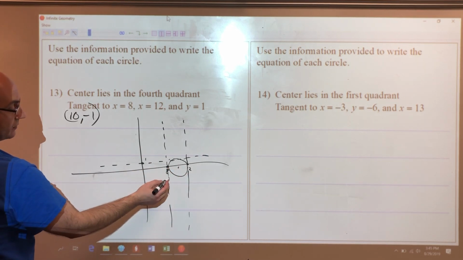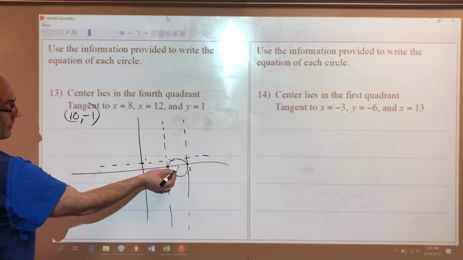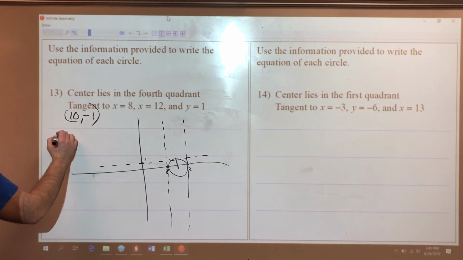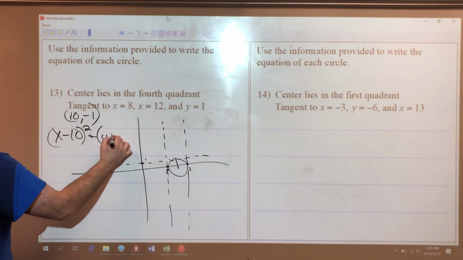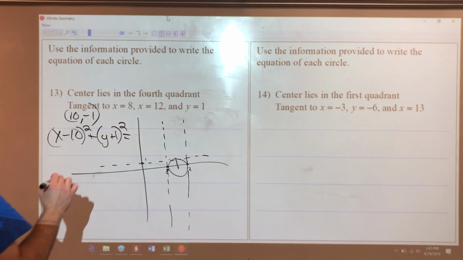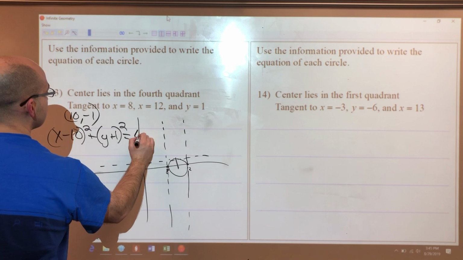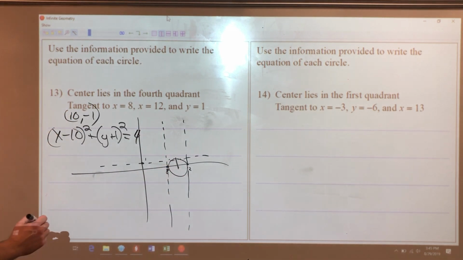And negative 1 is the distance from the center up to the top, so the radius to the top is 2 units. So it's x minus 10 squared plus y plus 1 squared equals 4, because 2 squared. 2 units to the top is my radius. Bam! Try 14.